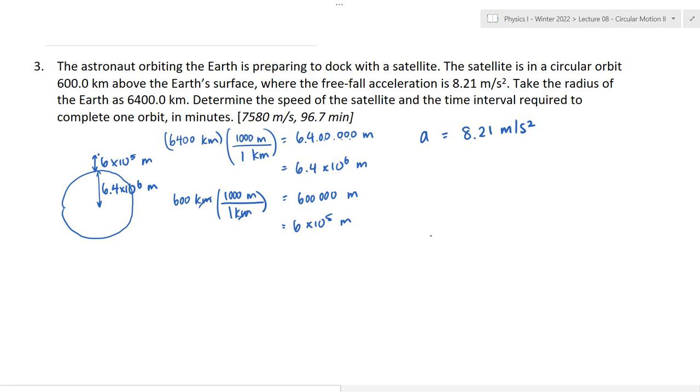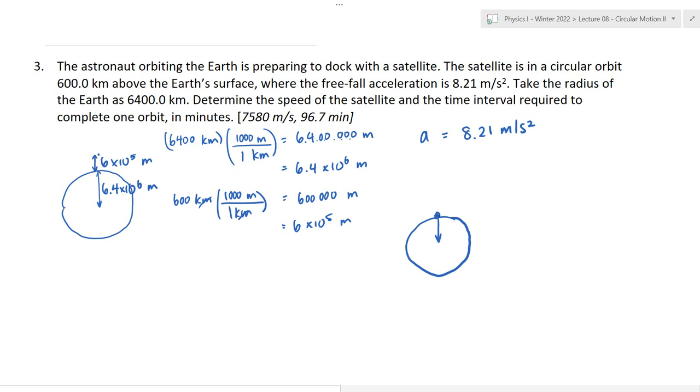So if we were talking about any acceleration due to gravity, whether we're far away or close to the surface of the Earth, which direction is it pointed? Say we're on the surface of the Earth right now, which way does gravity always point? Well, we always say it always points downwards. What we really mean is it always points towards the center of the Earth.